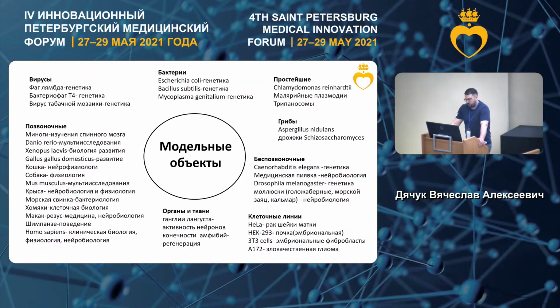Speaking about model objects, we shouldn't forget that there is a broad range of animals, plants, protozoans, viruses, and bacteria. This slide shows a lot of model systems that are used in different fields of biology and medicine, including in basic and applied studies, for instance, viruses: Lambda bacteriophage, tobacco mosaic virus.